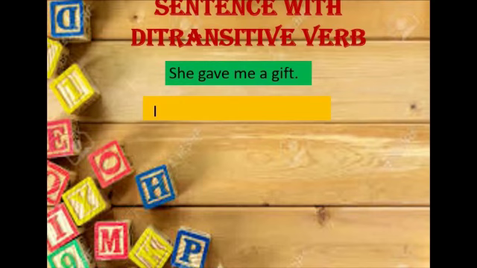Me is near the verb, so when it comes to the subject position, it will become I. Afterwards, we have to put the auxiliary plus the third form of the verb. Gave is simple past tense, which will convert into was plus the third form of the verb. Then we put the other subject. So: I was given a gift. And then we put the subject, by her.